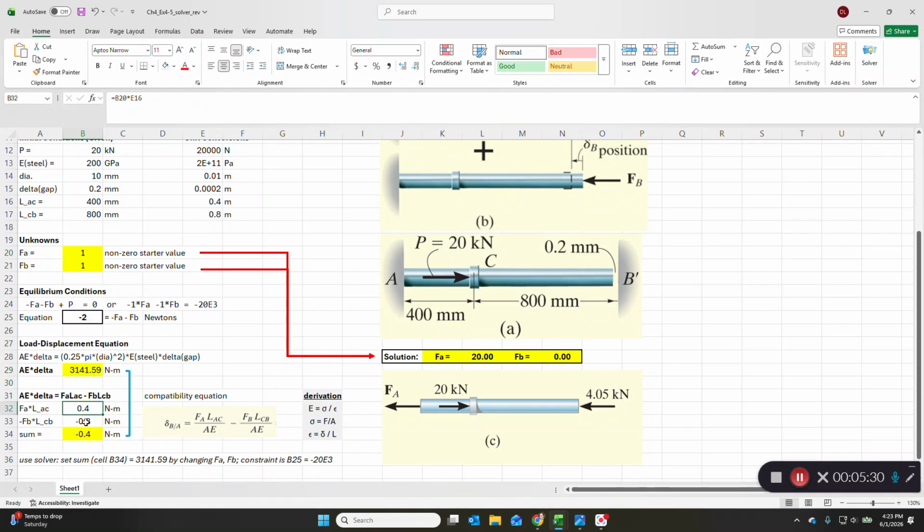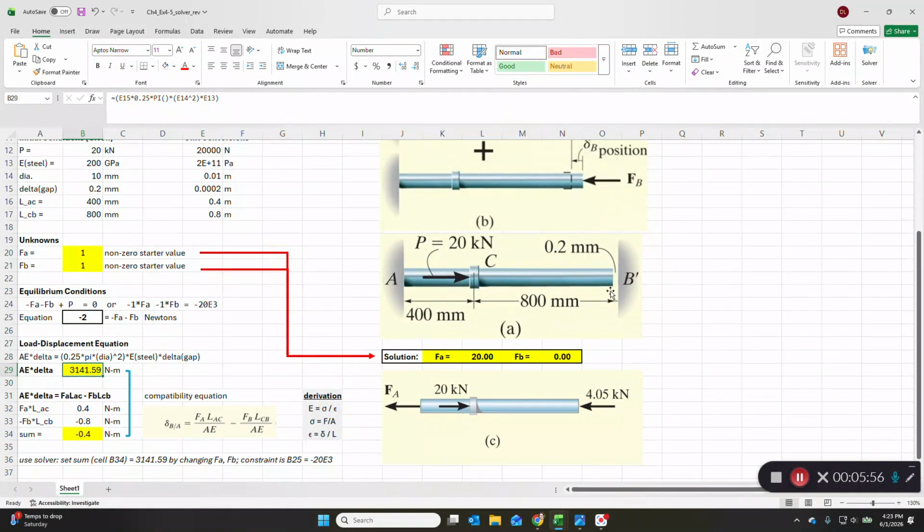So those can be calculated now. F sub A times L sub AC. Well, L sub AC is a constant, and F sub A is unknown. Right now it's 1. And then minus F sub B, also an unknown, times L sub CB. That's given as a constant. So those will sum up to this amount. However, they should sum to 100 pi.